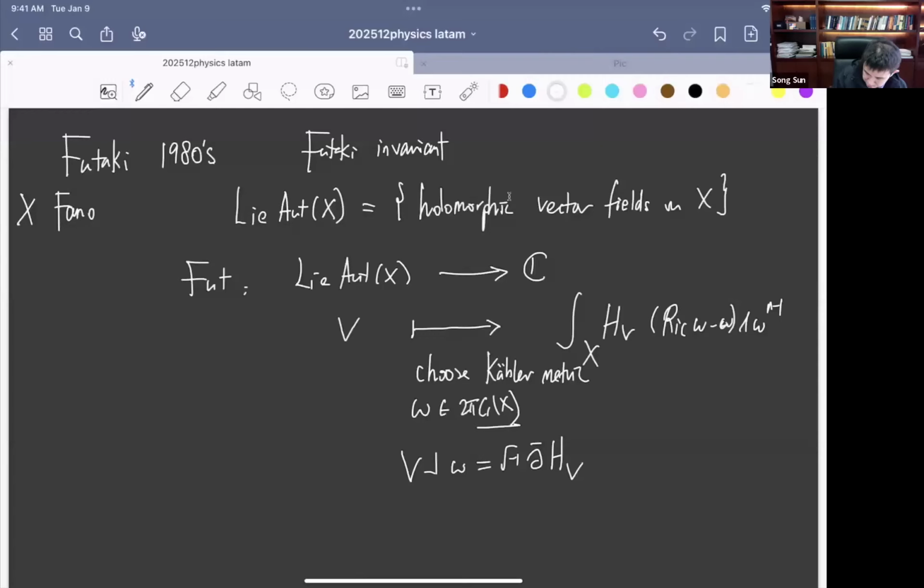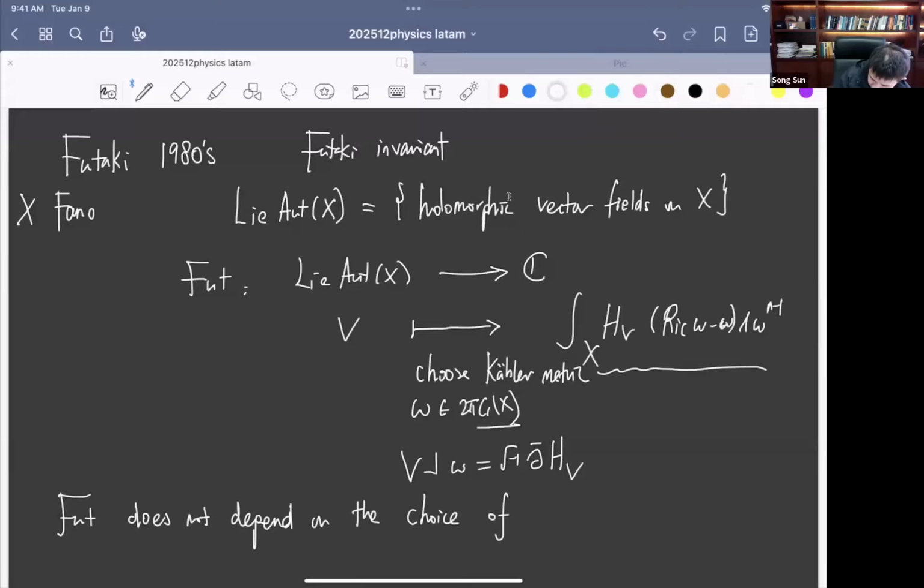But what Futaki shows is that this expression, Fut, does not depend on the choice of omega. In other words, it's an invariant of the complex manifold. At that time, this was shown by taking derivatives when you vary omega.